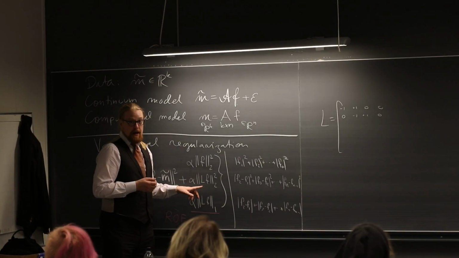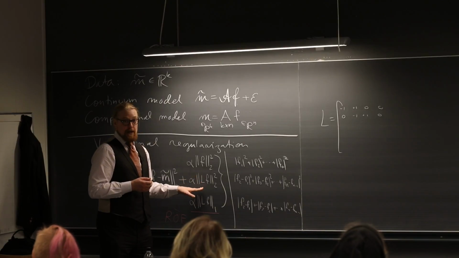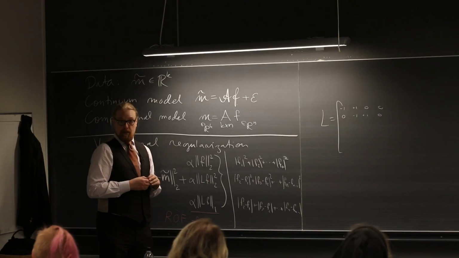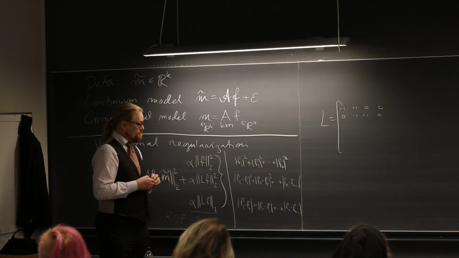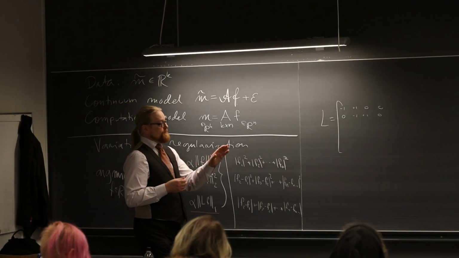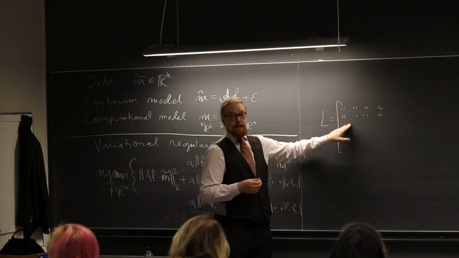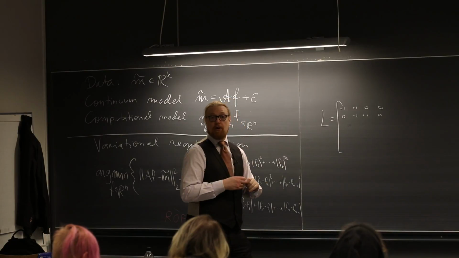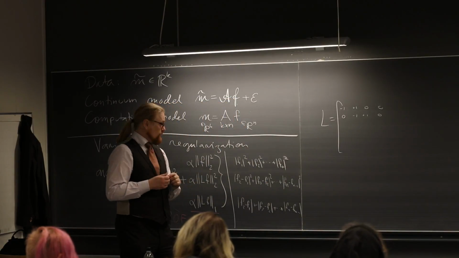So yes, there can be a great bunch of L matrices, and in this course, for simplicity reasons, we stick to the first and simplest case, the very basic finite difference approximation of the first derivative. And in the 2D tomography case, we will be dealing with the gradient.